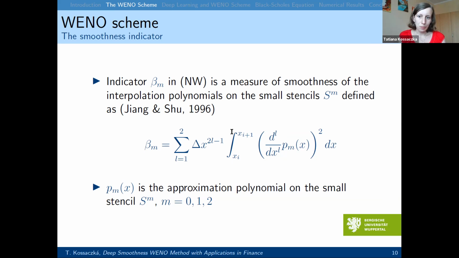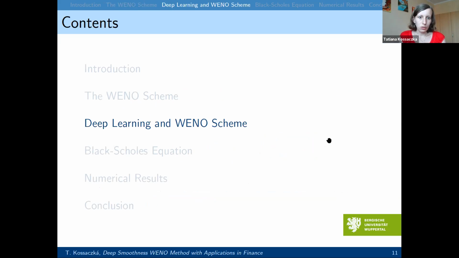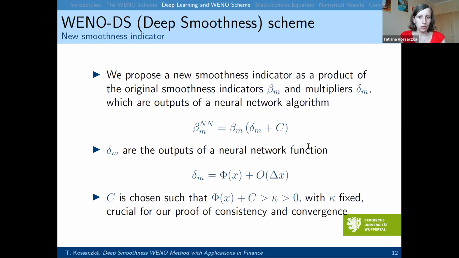So what we want to do, I come to the next part, we want to use these original betas, and we just multiply them with another parameter.